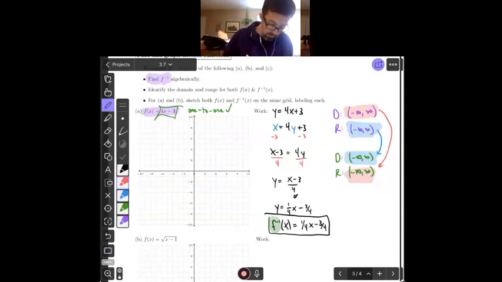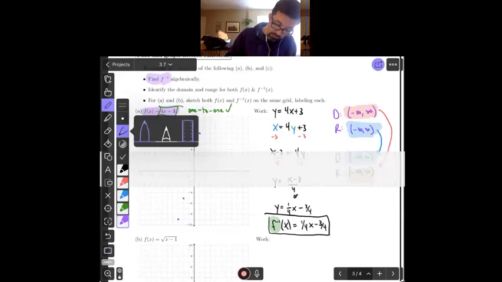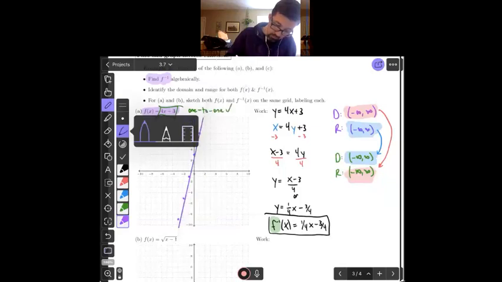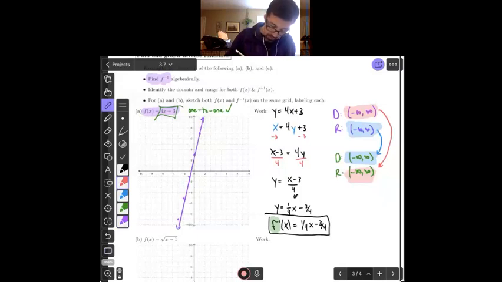So the original function, it's a line, 4x plus 3. The y-intercept is 3, slope is 4, so rise 4, run 1, fall 4, go backwards 1. So we got a line here. The other one's a little bit trickier to graph since it does have a fractional y-intercept.